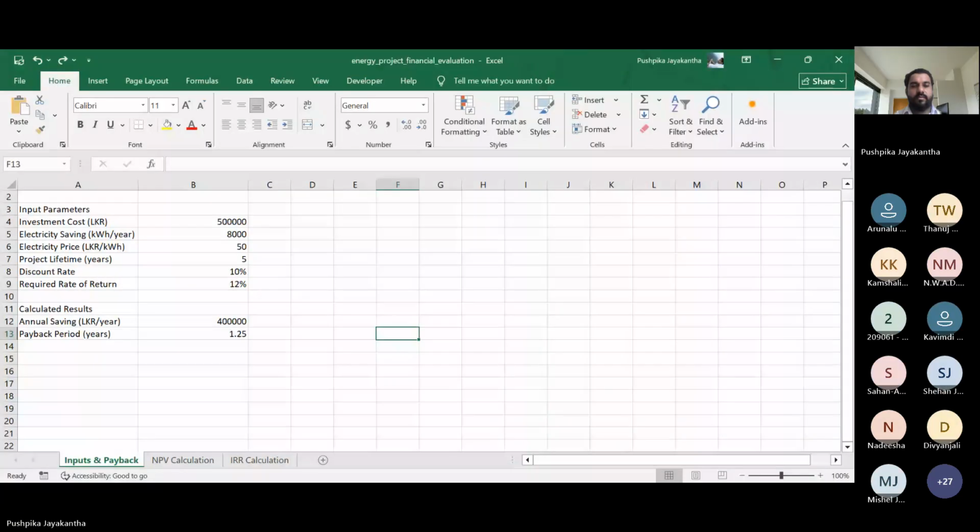I think you can see my screen, the Excel one. Can you all see the Excel sheet? Okay, so move forward.